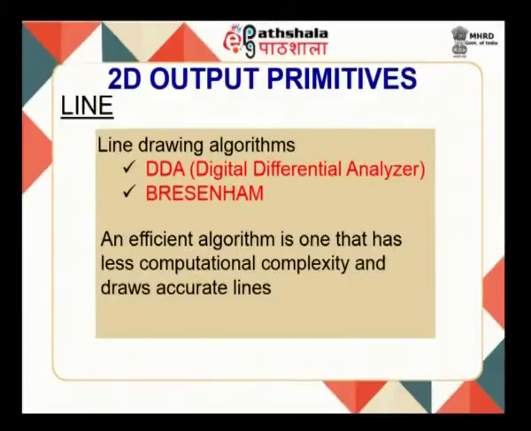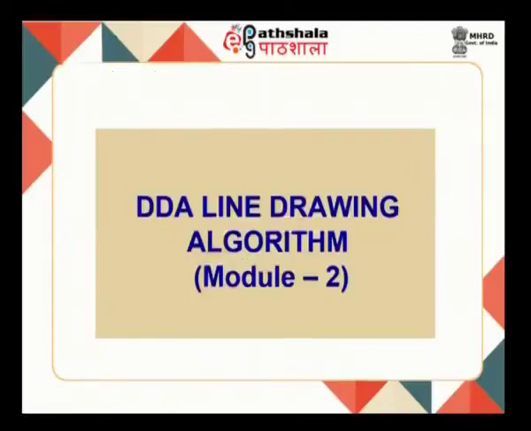We also want algorithms that are efficient. Efficiency is in terms of the number and type of resources they consume. They should be less complex, well behaved, and should give us accurate lines when we draw them.